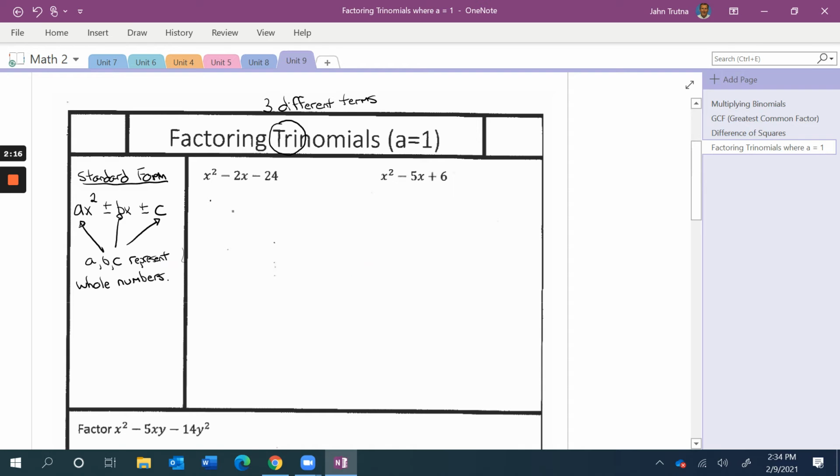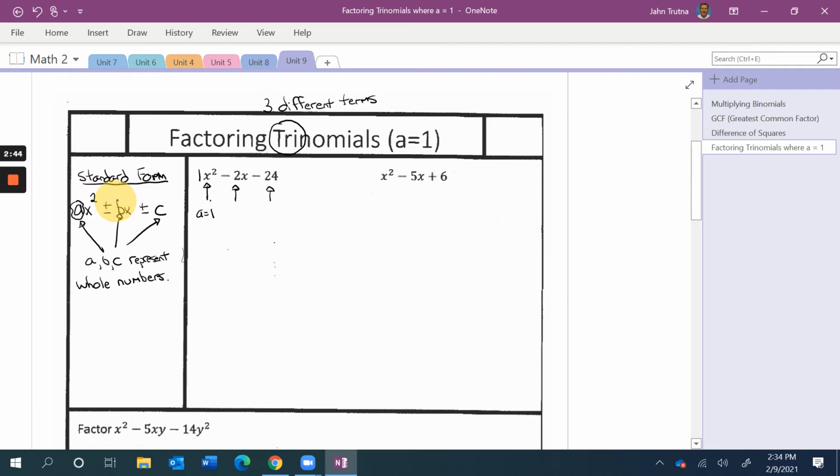Today, every trinomial that we're going to learn how to factor will have an a value of 1. If we go back up to x to the second power minus 2x minus 24, the a value would be 1. Why is it a 1? Because the a value is the number in front of the x squared.